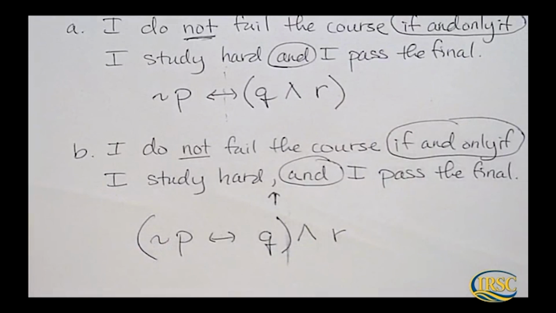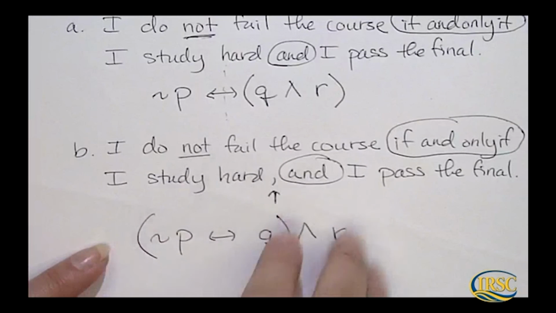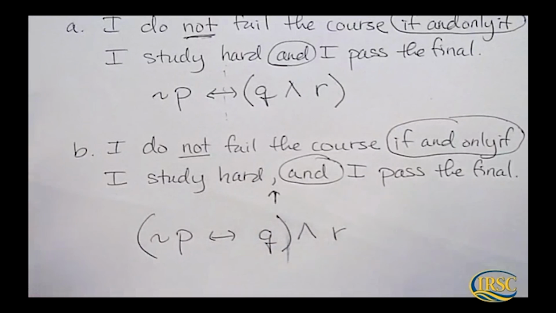And I happen to pass the final also. So that's the biggest difference when you see commas and you don't see commas. So this is technically an and statement because of where the parentheses are. The comma made that and more dominant in there.